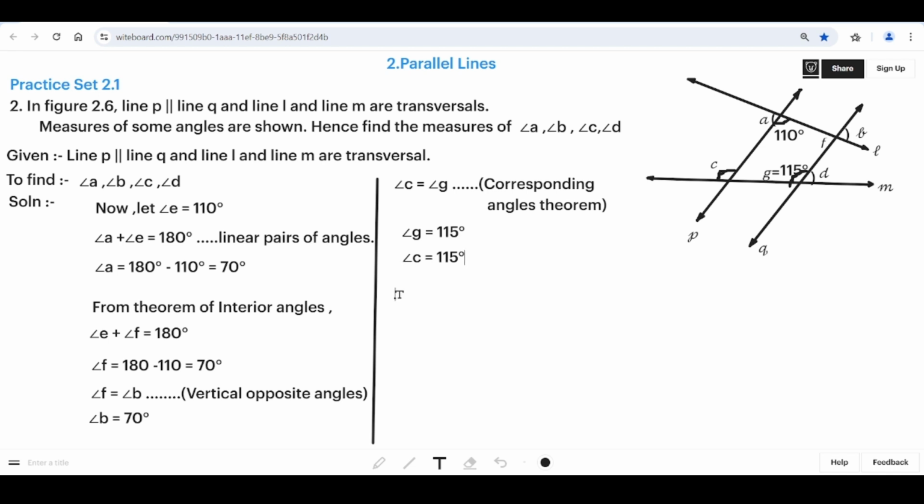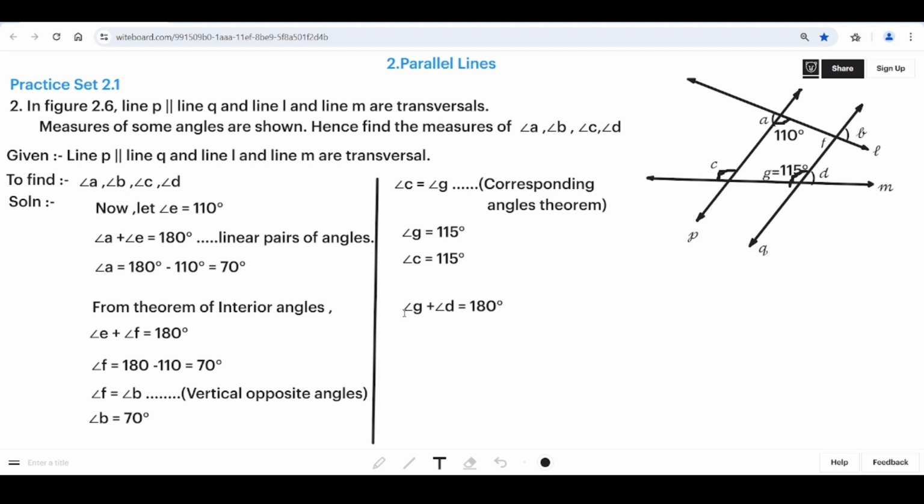Okay. Now we have to find angle D. Now see, angle D and angle G are angles in a linear pair where the common arm is line Q. So we can say that angle G plus angle D is equal to 180 degrees.